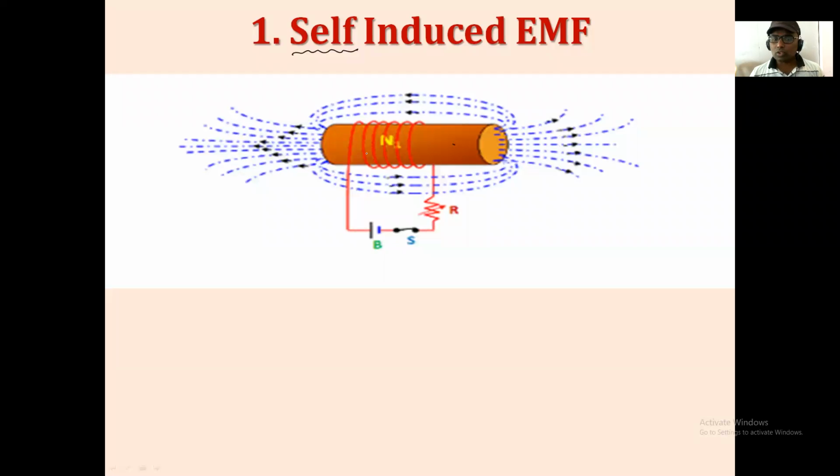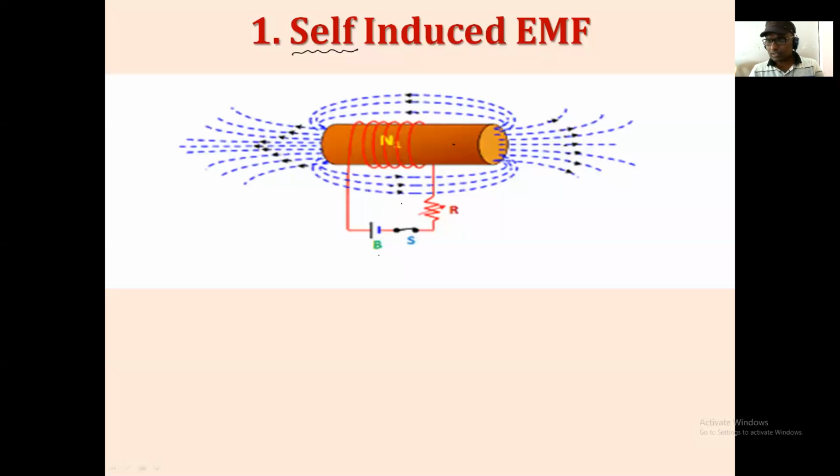On that hollow cylinder, a wire is wound in N number of turns, and the ends of that wire are connected with one battery, one switch, and one variable resistor. This is the experimental arrangement to understand self-induced EMF.